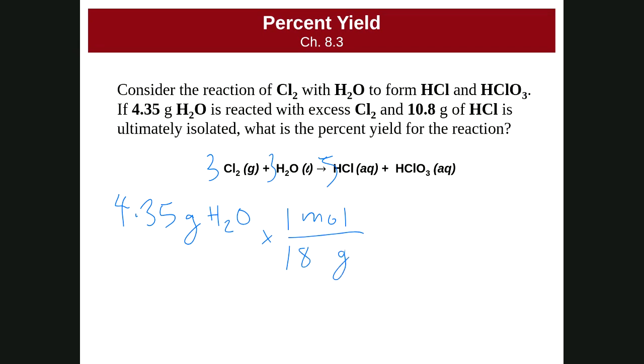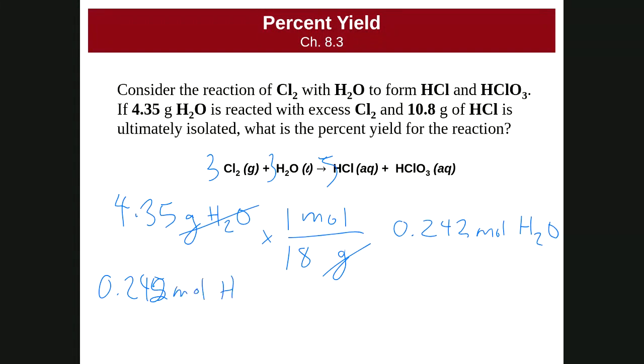Cancel out our grams, and we end up with 0.242 moles of water. All right, and now we're going to use our mole ratio. Again, you could do this in one step. I'll do it in several this time.